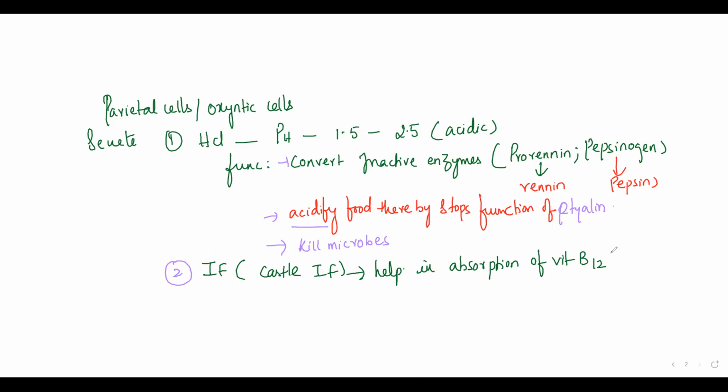Usually we see that people who consume a lot of refined flour and wheat flour, which has lots of gluten, coat up their stomach, and due to which the production of the intrinsic factor is affected, because these are all cells of the epithelium of your stomach, right? And if your epithelium is coated, how is the intrinsic factor going to be poured into the cavity? It can't be poured. So if there is no intrinsic factor, there is no absorption of vitamin B12. And such people suffer with a deficiency of vitamin B12. This is another important thing that you need to understand. So that is a function of the intrinsic factor, children.